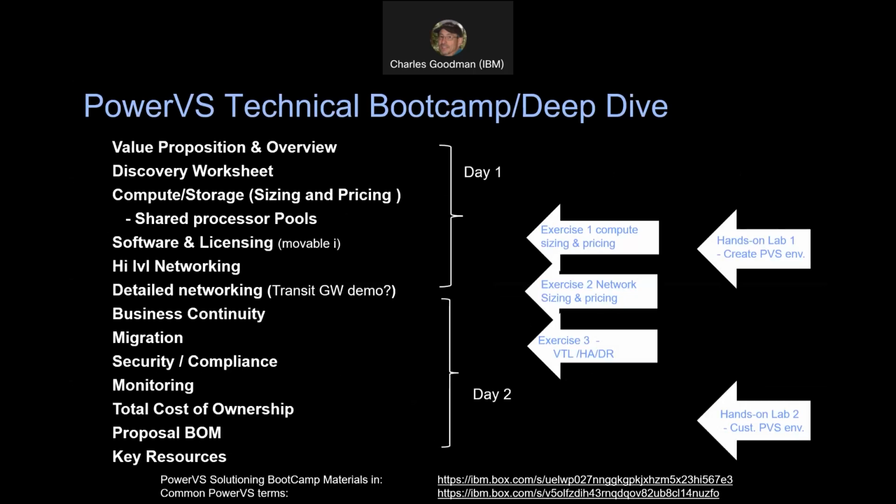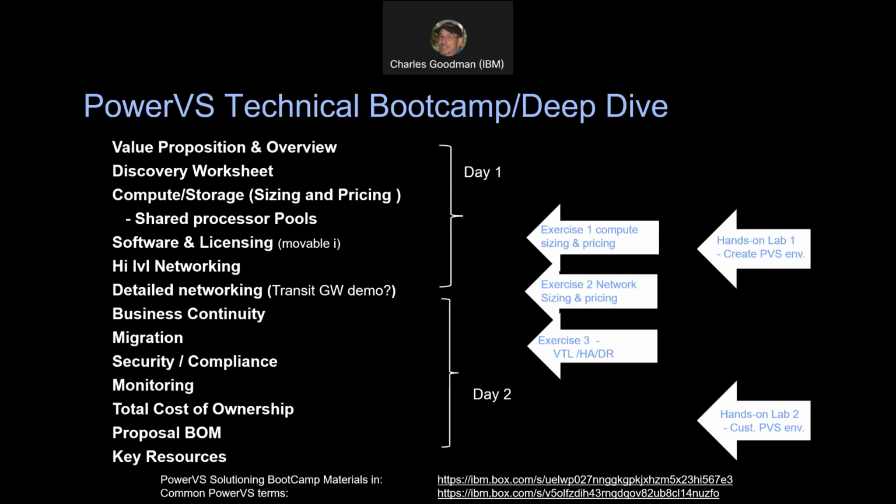I'm showing the 2-day workshop version here, with the topics down the left side, and the middle arrows talk through some of the exercises we work on together. The whole intent is for you to be able to size, design, and price a Power Virtual Server environment.